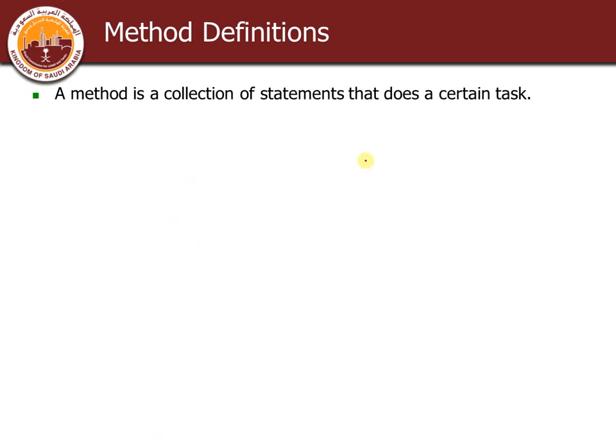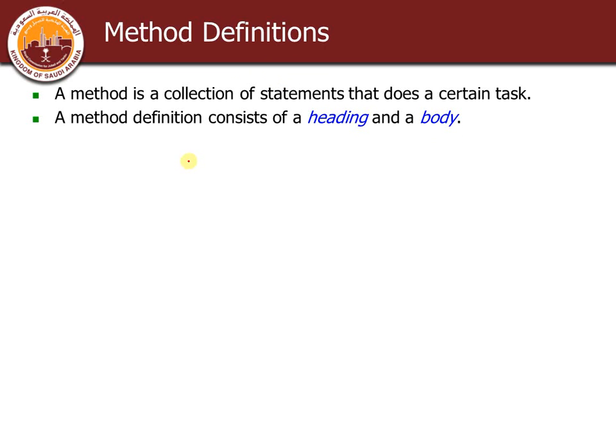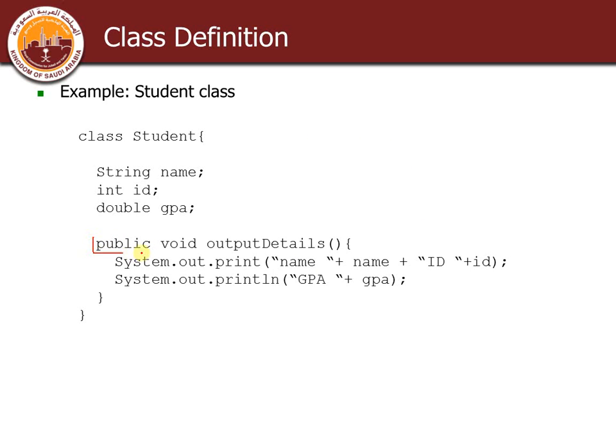And each method, when it is defined, has two parts: the heading and the body. This is the heading, like the head of the method, and whatever comes from this brace until this closing brace, this is the body.